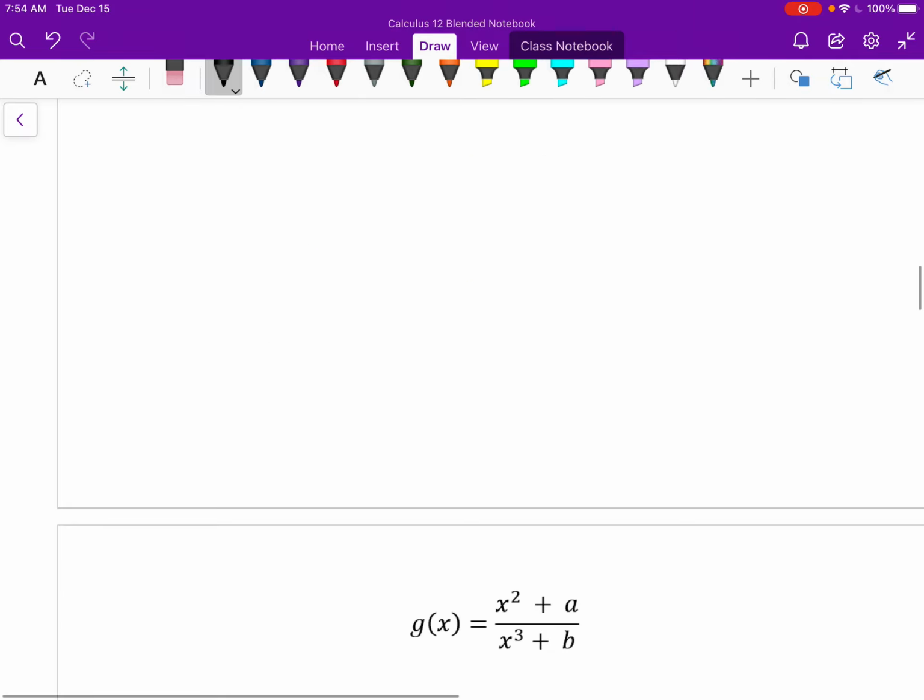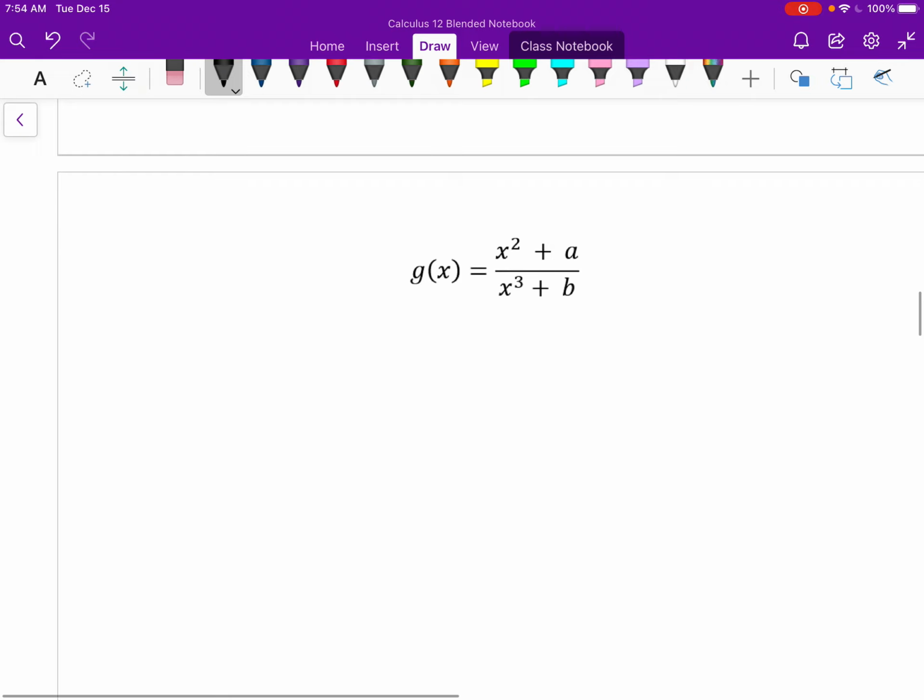All right, so let's look at this. I have x squared plus a over x cubed plus b. Again, a and b are just some constants. So I want to use the quotient rule here. First, now the order matters. The derivative of the numerator is 2x plus 0, because a is a constant.